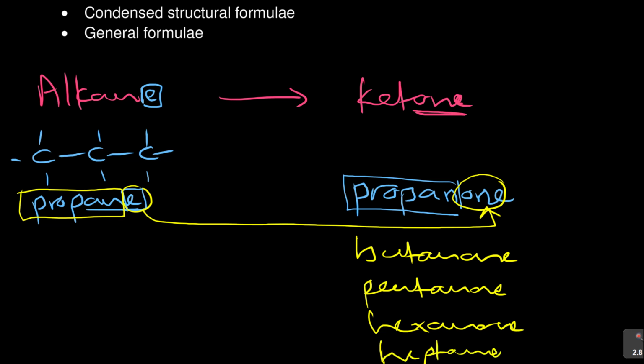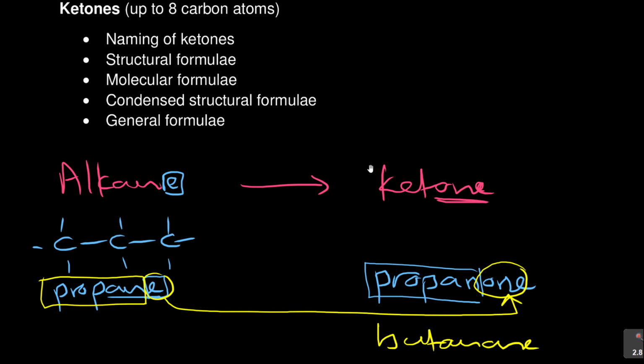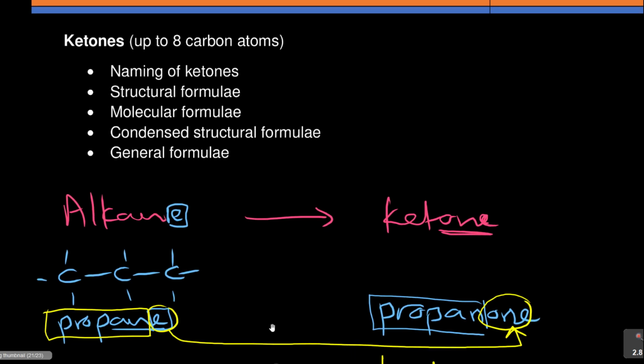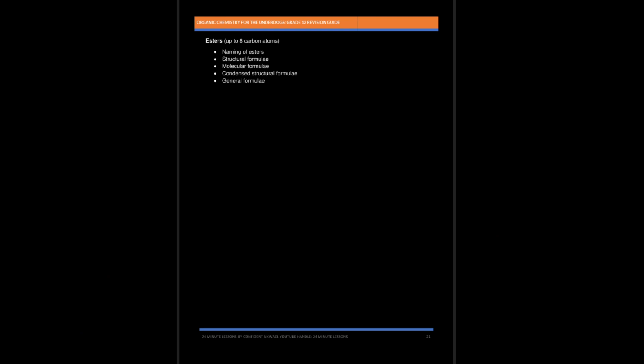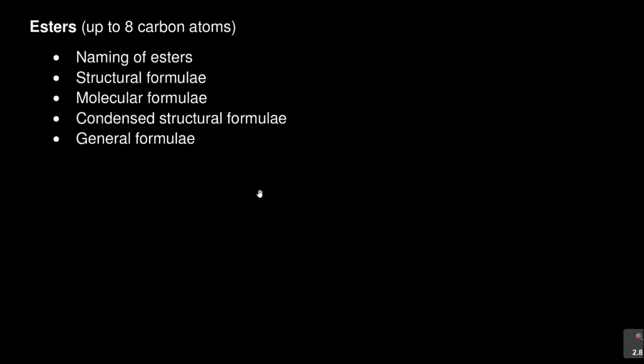So this is the general naming of ketones, but it will always change whenever you are changing the functional group. Now guys, we're going to end this lesson here, leaving the esters, because an ester is a combination of 2 parts. This is the functional group of an ester.